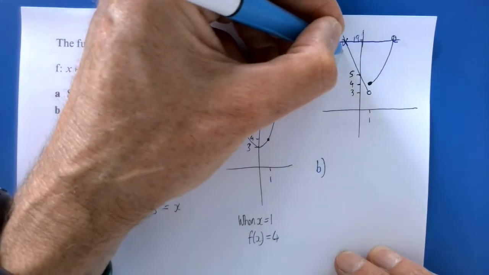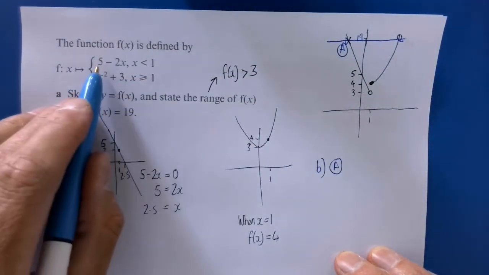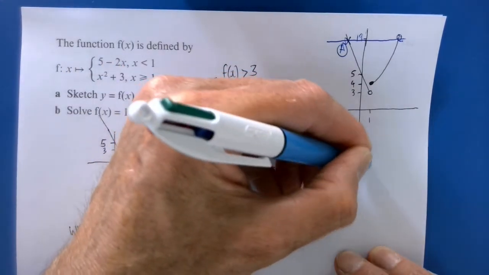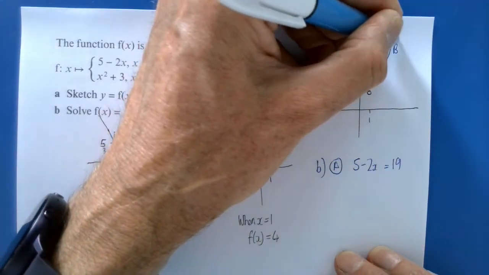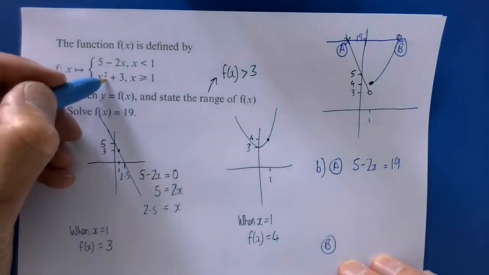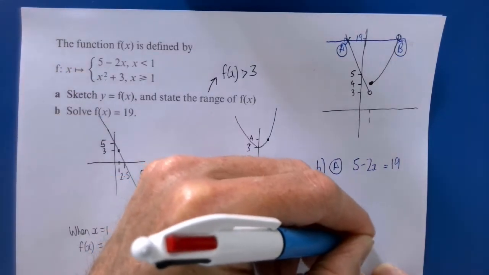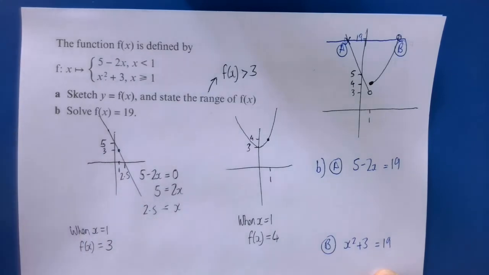My first solution, I'll call it solution A, is when this equals 19. And my second solution, B, is when this equals 19. So I can just solve those.